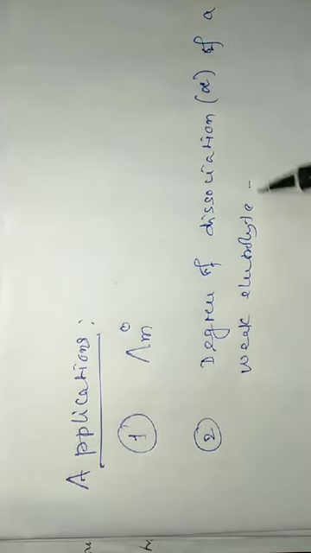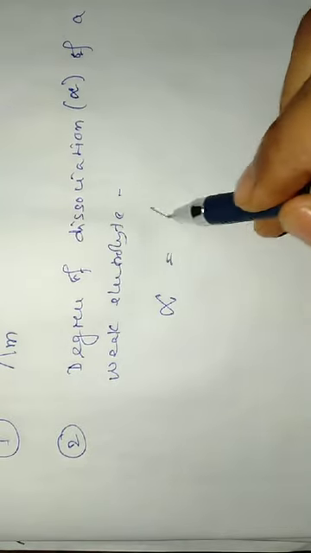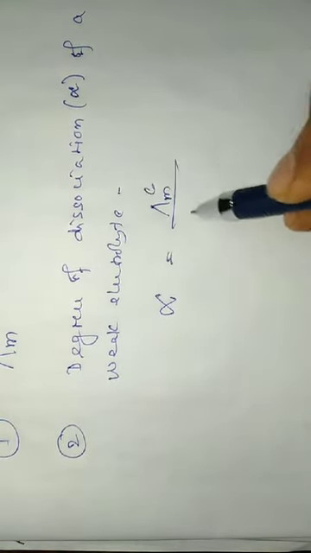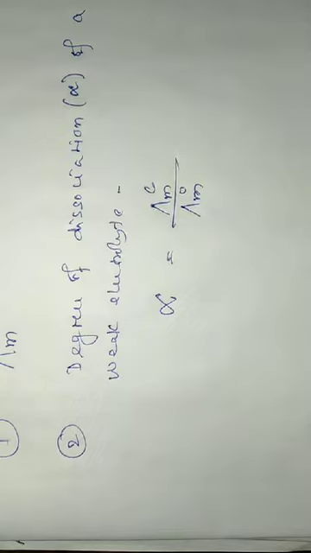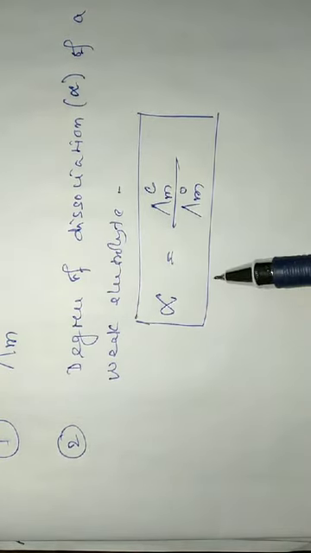How can you find out? What is the relation? Degree of dissociation of a weak electrolyte, alpha, is equal to lambda mc divided by lambda m naught. So this is the relation to find out the degree of dissociation of a weak electrolyte.